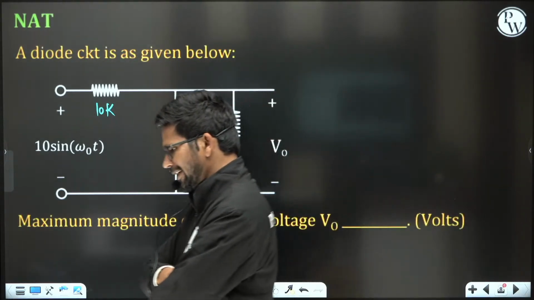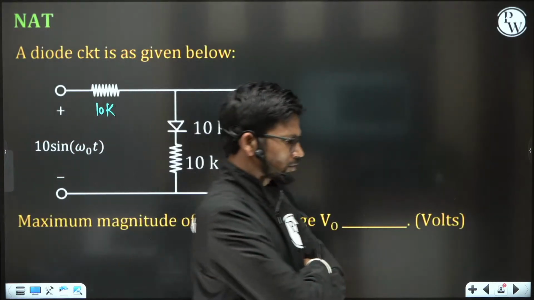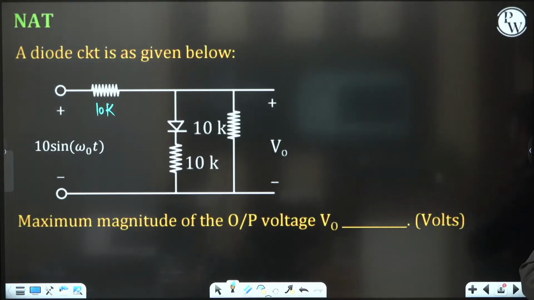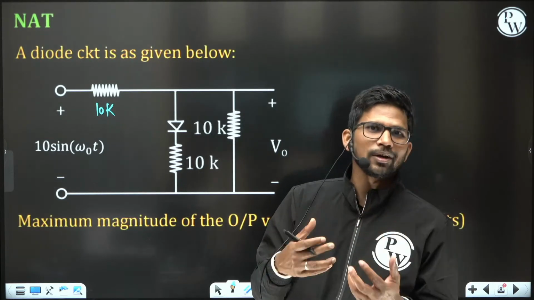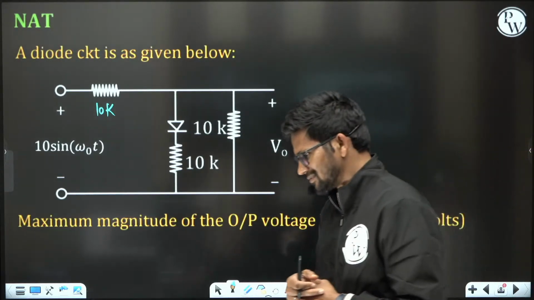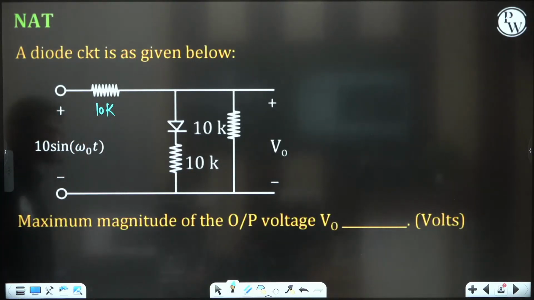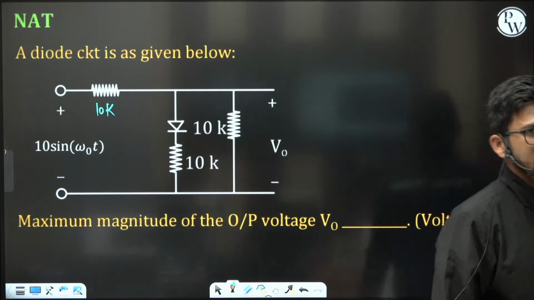The last two questions are theoretical questions, because sometimes I found that students are comfortable in solving numericals, but when a question comes from theory in analog electronics, that's why I have taken two questions of theory type, MCQ type.